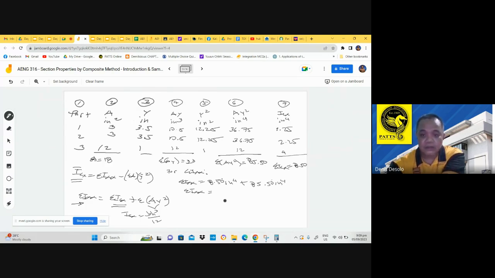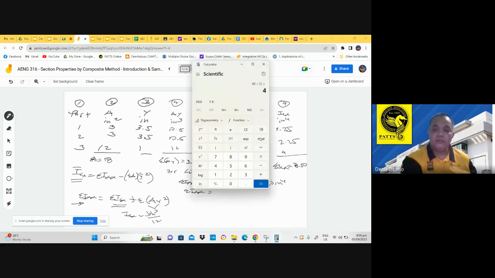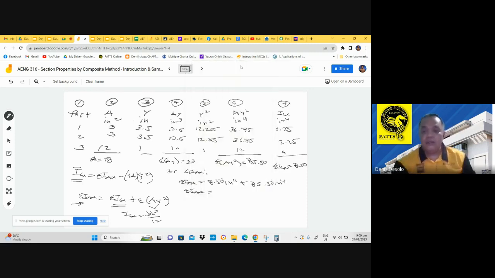Add. So let's use the calculator again. We have 8.5 plus 85.5 then equals 94. So this is equal to 94 inch to the fourth power.